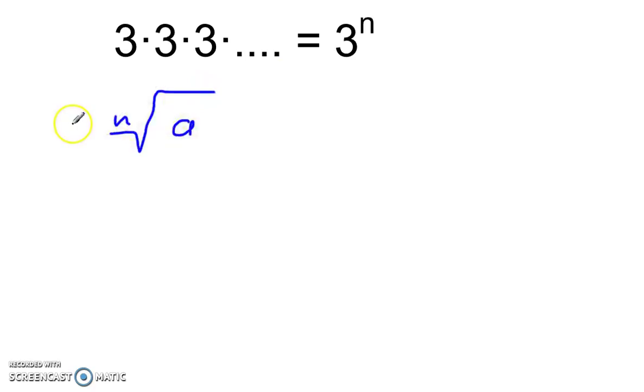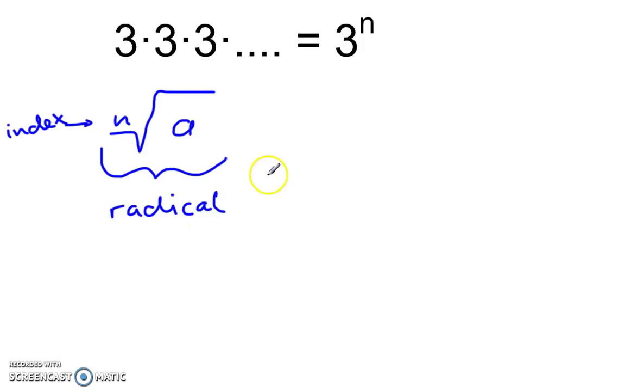So this right here is called the index. The index, write that down. The entire expression is a radical. And this is the radicand.